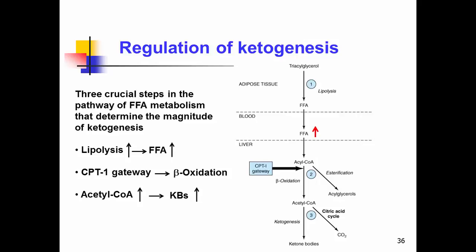And the second step that is very important and can also control ketogenesis is the CPT1 gateway to beta oxidation. Remember, CPT1 is a key enzyme that controls the transport of fatty acids into the mitochondria for beta oxidation.